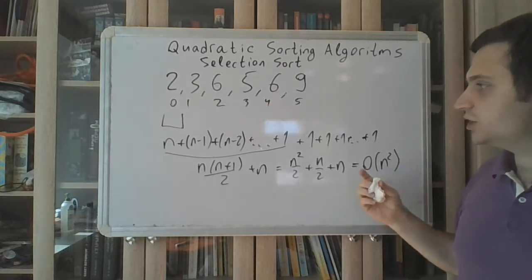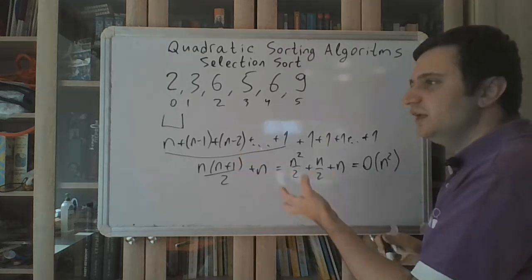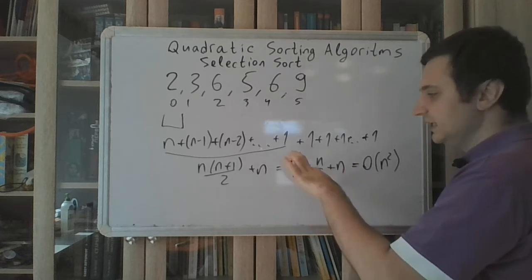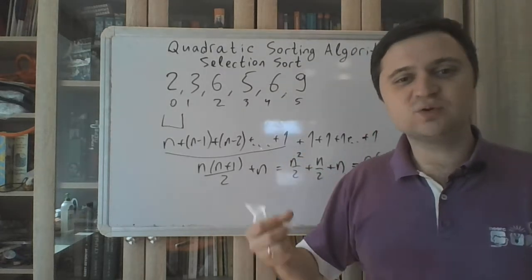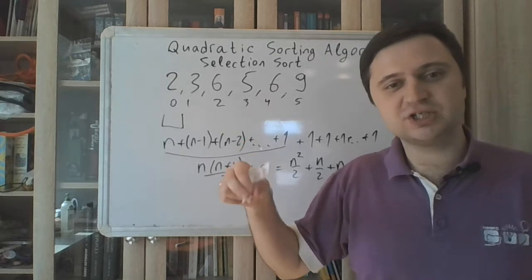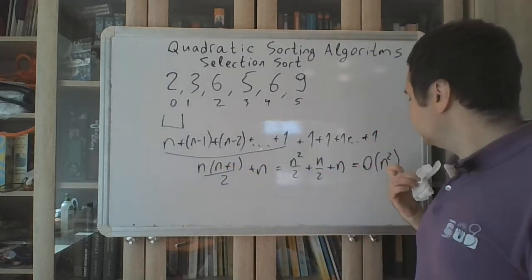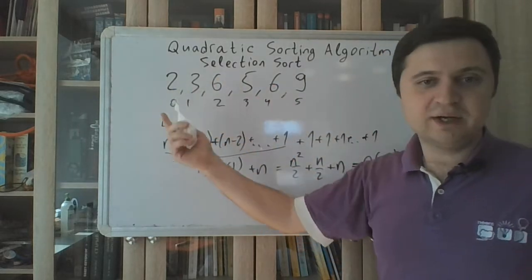Around n squared operations. Generally, if you want to remember this constant, it's n squared over 2 operations, but then you have to define what a primitive operation is. So n squared operations: not very fast, but quite reasonable and quite easy to code.